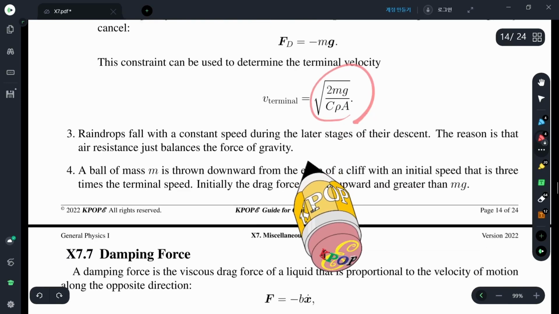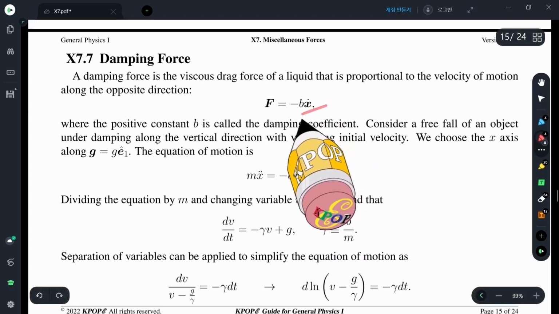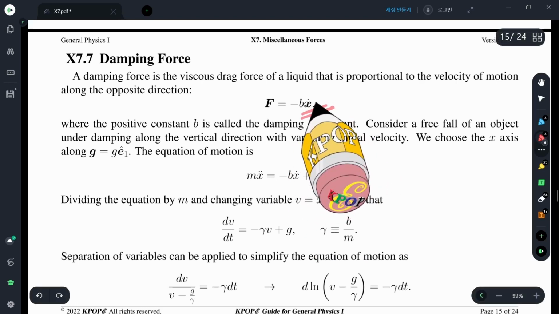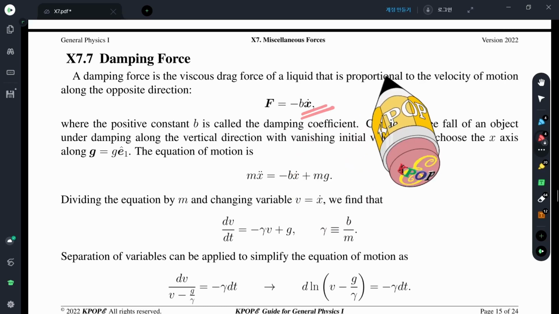We can study a similar situation in a sticky fluid, with the damping force at slower velocity. That drag force is modified into a damping force that is proportional to the velocity. Even though it is not fundamental, it is practically very useful. The damping system is used for the door stopper, or the like.